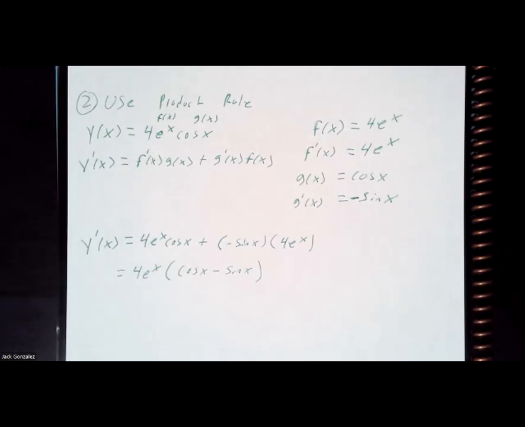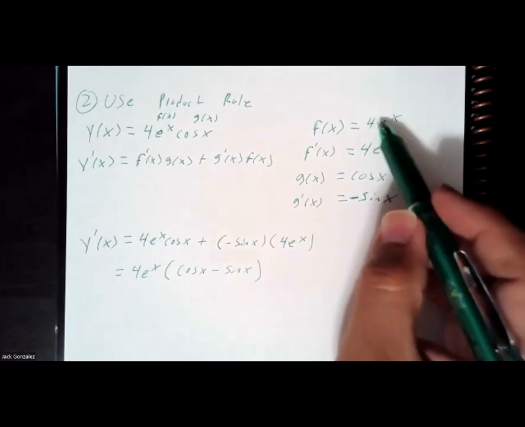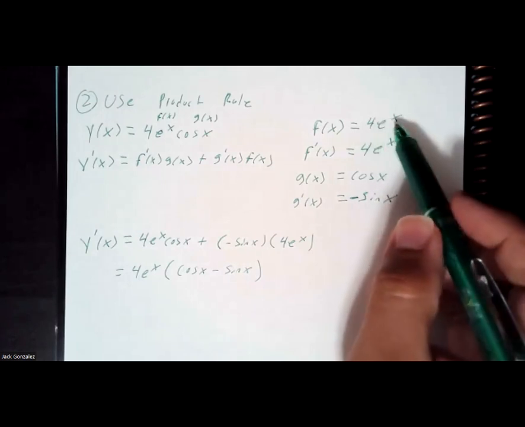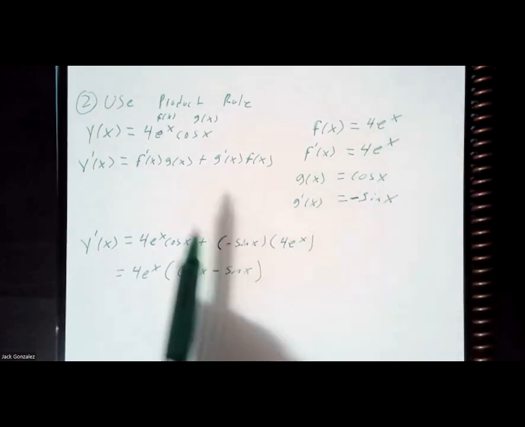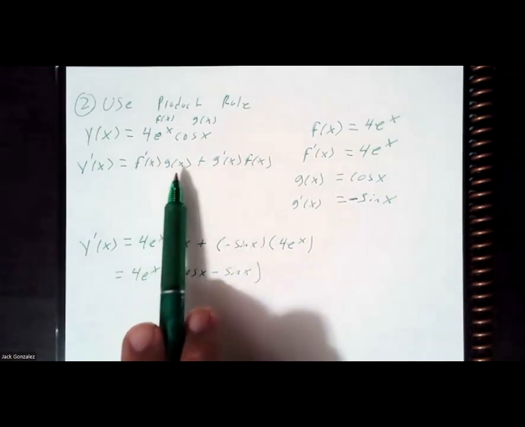You mean like as a product rule of its own? You could, but because it's just a constant factor, it's not going to change anything. So we treat it as just a coefficient, but you could do it as a third, right? Just for the heck of it, you could. And when you're doing this piece right here, the f prime g or g prime f, the constant's derivative is going to be zero.